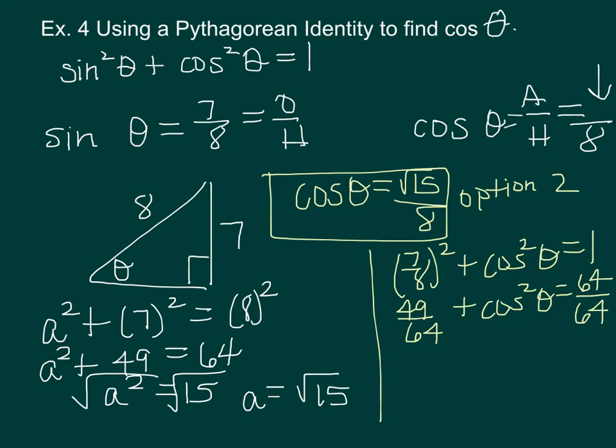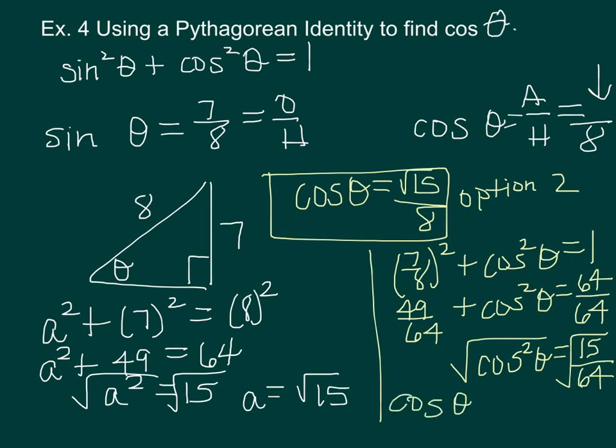So you subtract that from both sides, and you're going to get 15 over 64. And you square root both sides, and you're going to get the same thing, square root of 15 over 8. So choose which option you like best, and that's the option you can use.